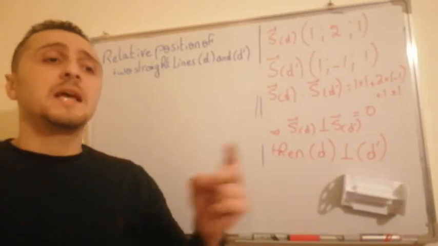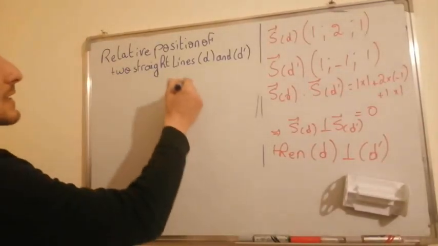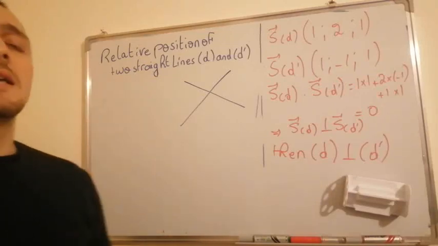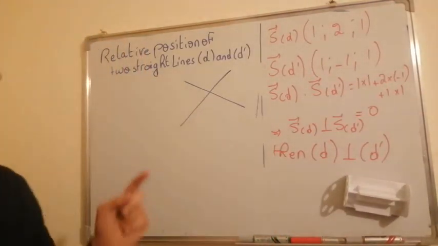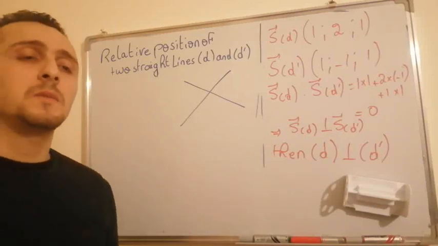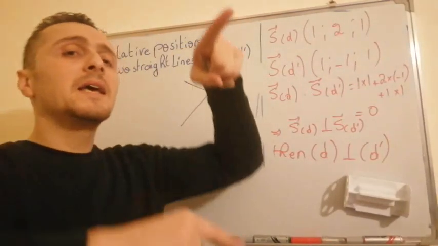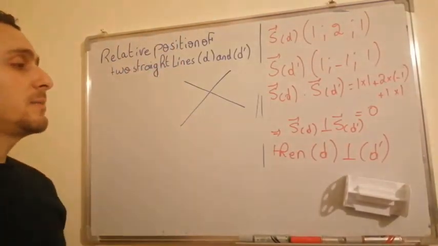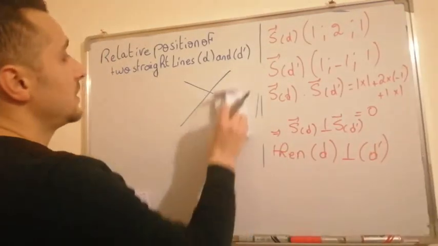The first one, D and D prime are intersecting lines, or the second one, the two straight lines are not coplanar. What is the meaning of not coplanar? They are not included in the same plane. I mean this is how their shape would look, like fingers. Okay guys? So now we will take an example.